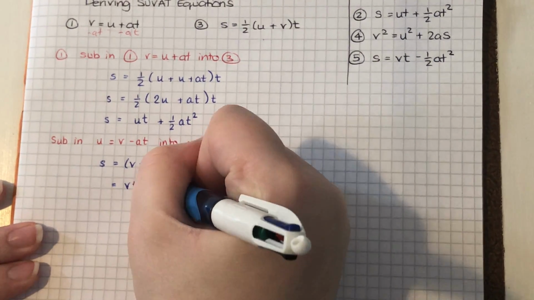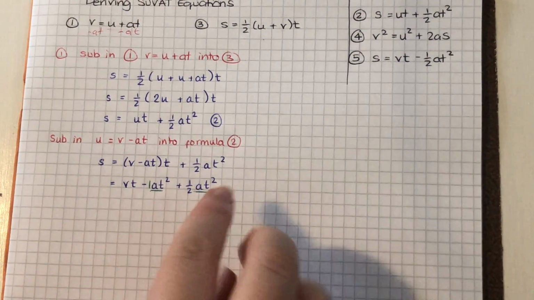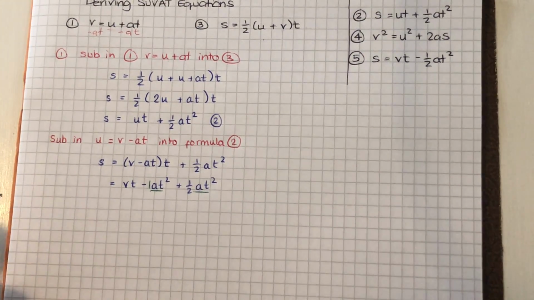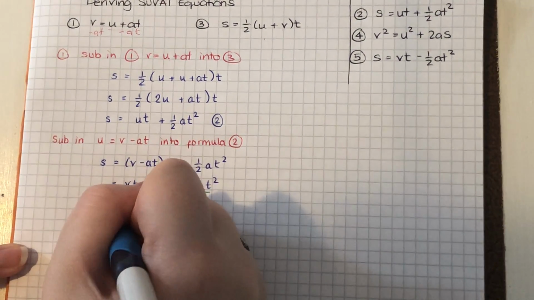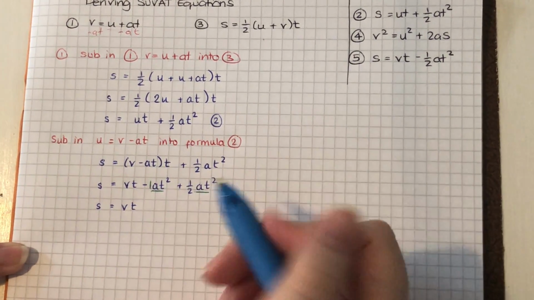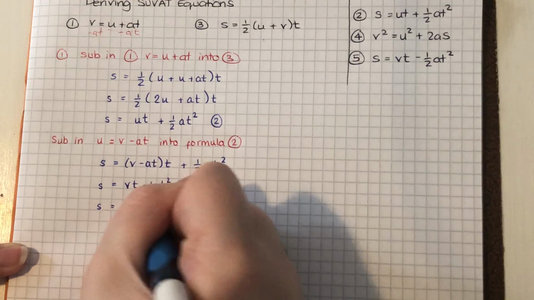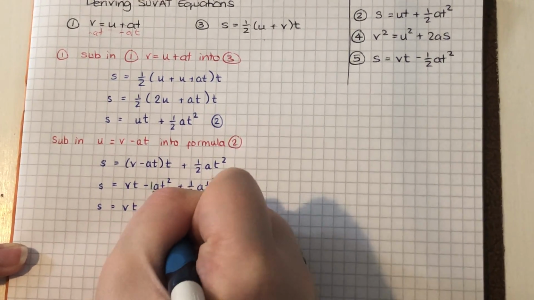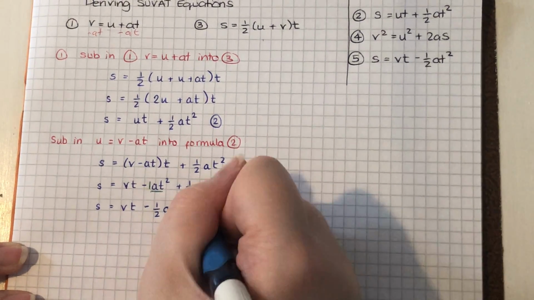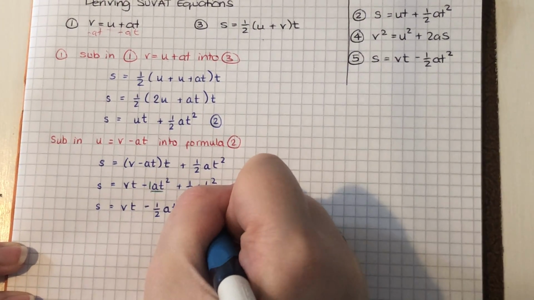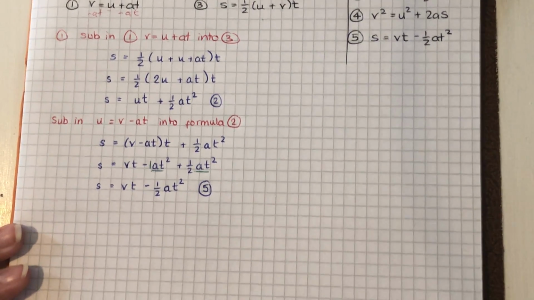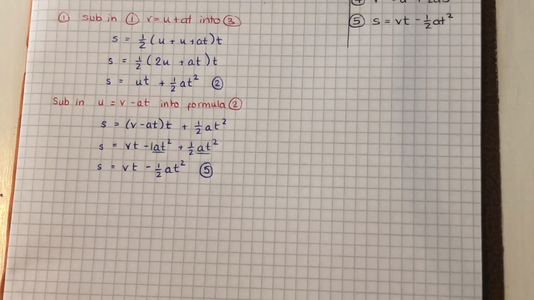Minus 1 plus a half would give you minus a half. So we'll still have the vt at the front, but minus a half, and then we'd still have the at squared. Okay, so we've now derived number 5 in the list. So that's 2 of them done.